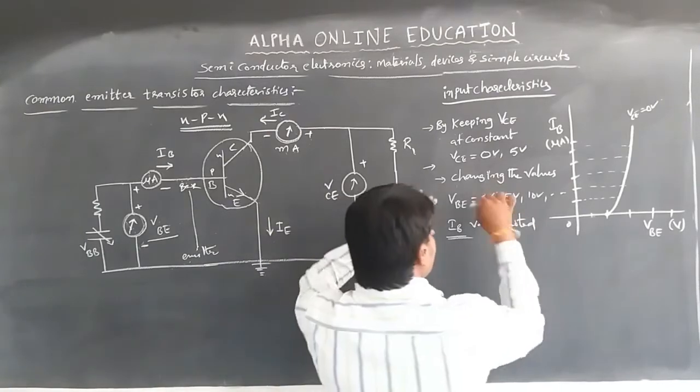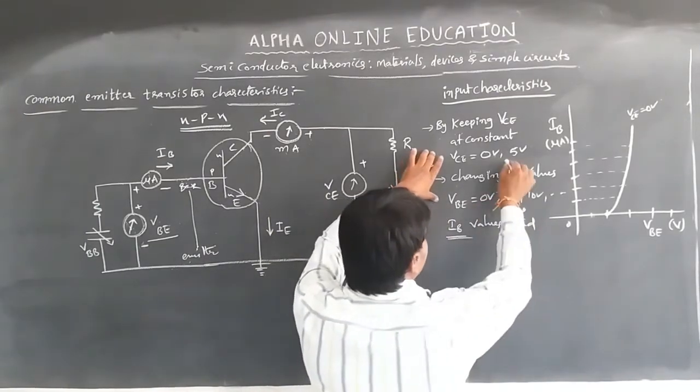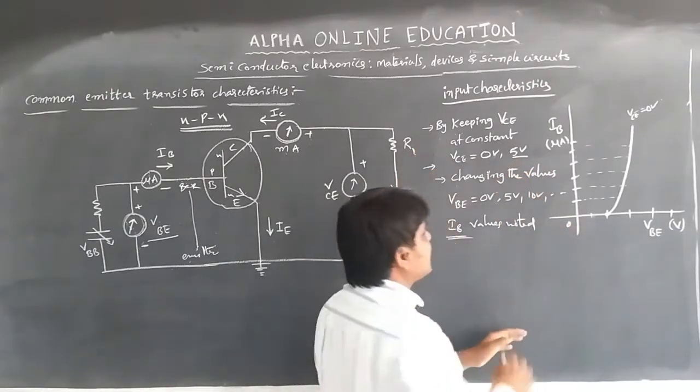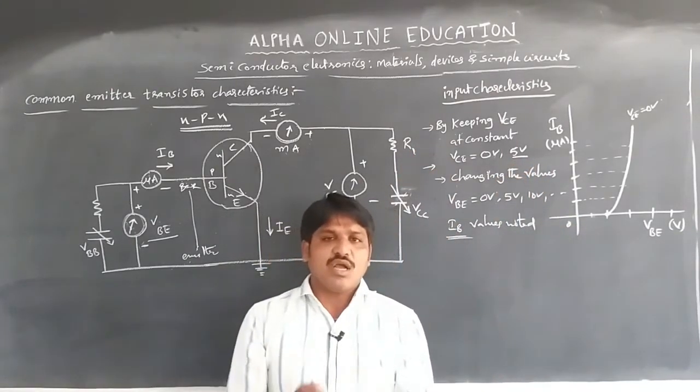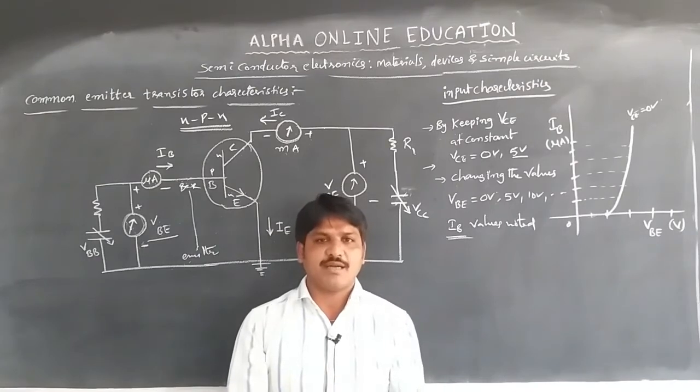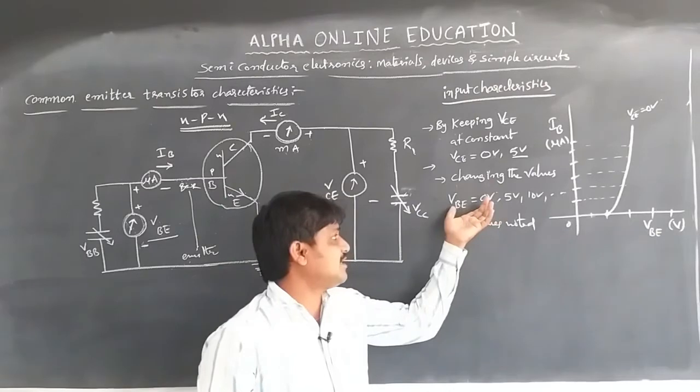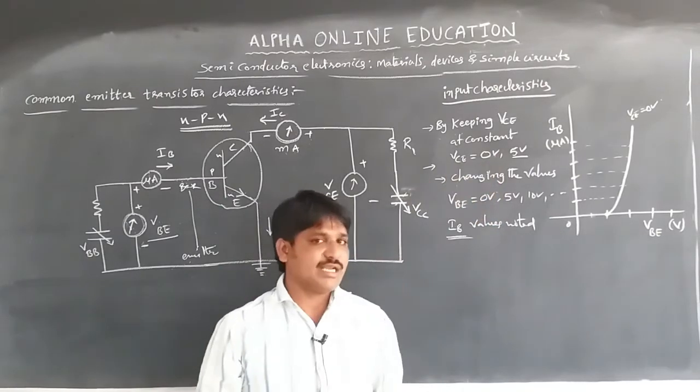And the next one is changing the values of VCE. Keeping the output potential VCE constant at 0 volts, by changing the values of VBE, the base current values can be noted.